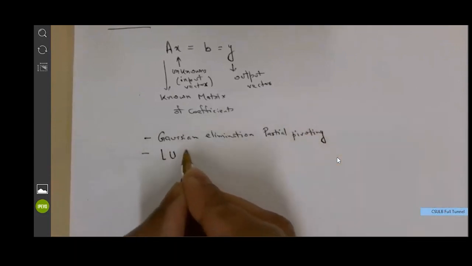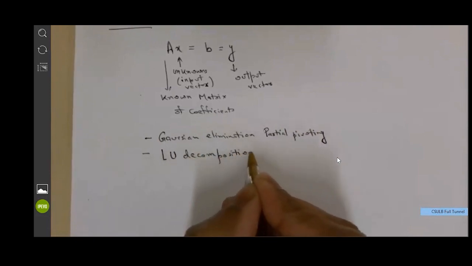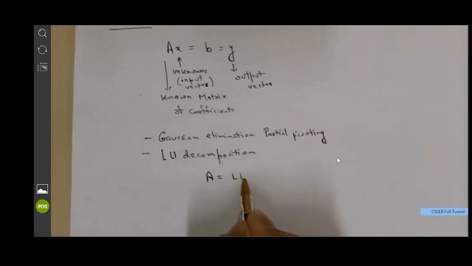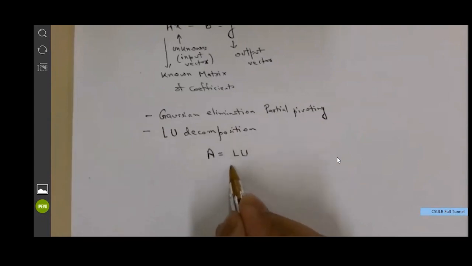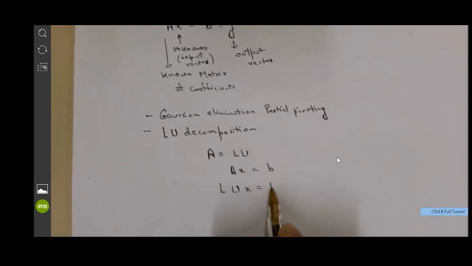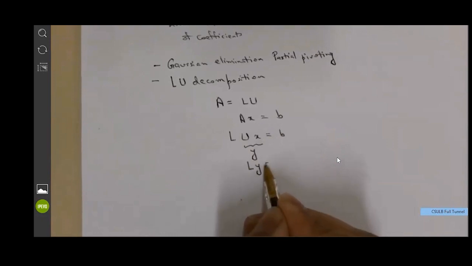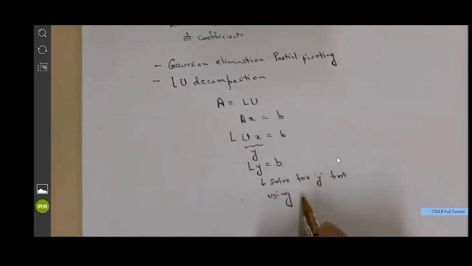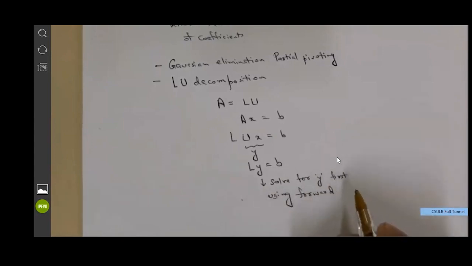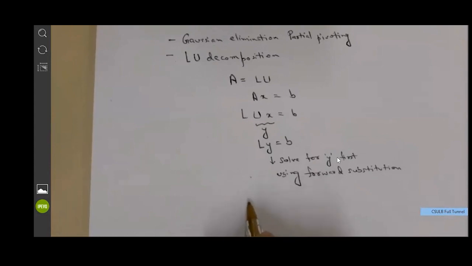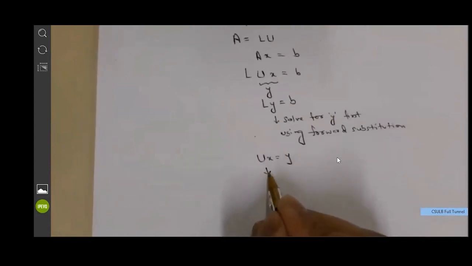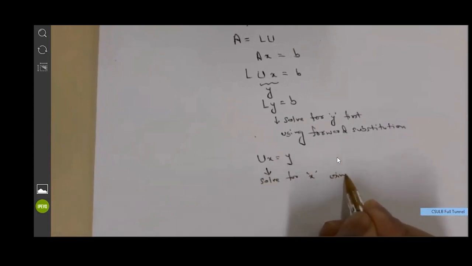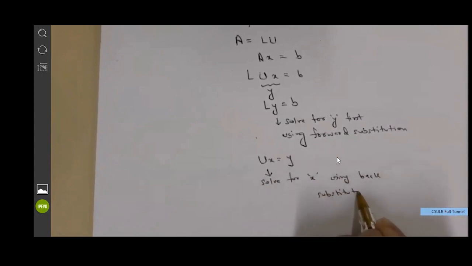Then we looked at LU decomposition, where we decompose the system of equations, or basically decompose A as L times U. Rewriting the equation AX equals B, I can write it as LU times X equals B. I substitute UX as Y, so LY equals B. So solve for Y first using forward substitution, and then once you get Y, you solve for X using back substitution. So that's what we covered so far during our lectures earlier.